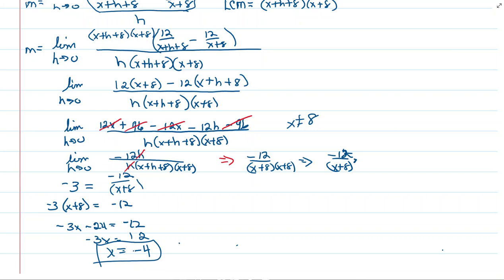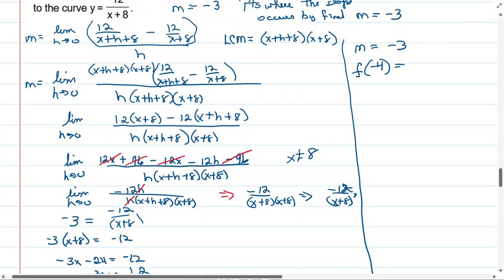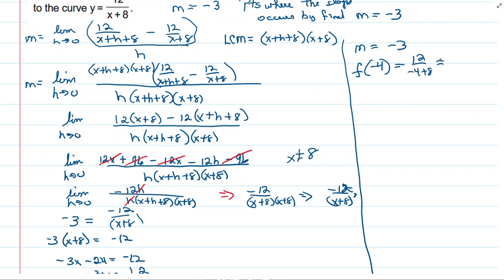Okay. So we know our slope. Now we want f of -4. And I get a +3, right? So now I know my ordered pair is -4 and 3. And we can double check that.